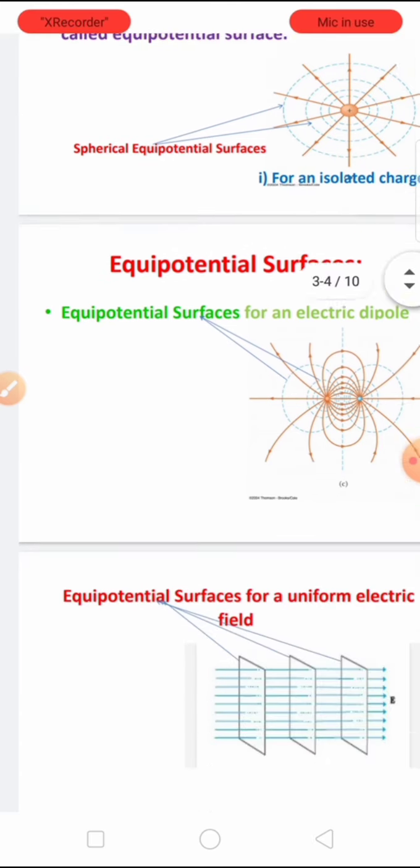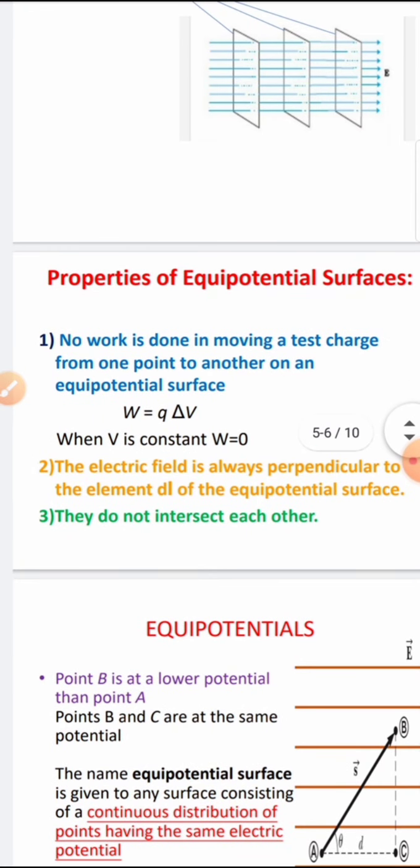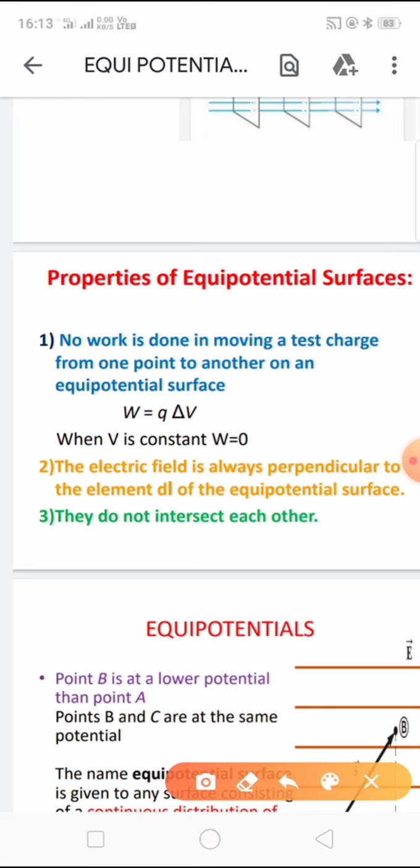Thus, what are the properties of equipotential surfaces? Number 1, no work is done in moving a test charge from one point to another on an equipotential surface. Since potential is constant, the change in potential del V is equal to 0.